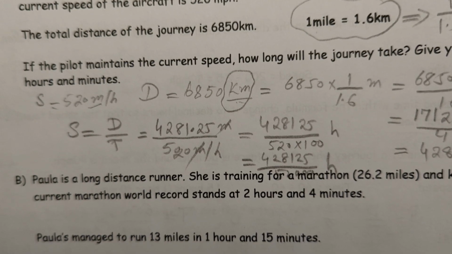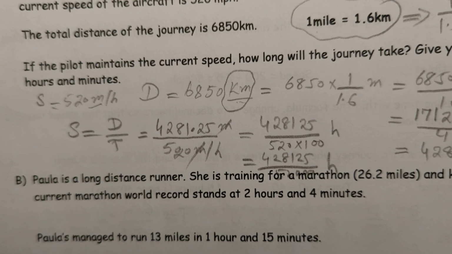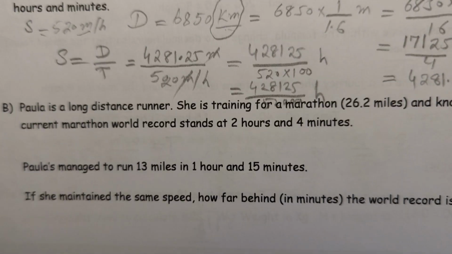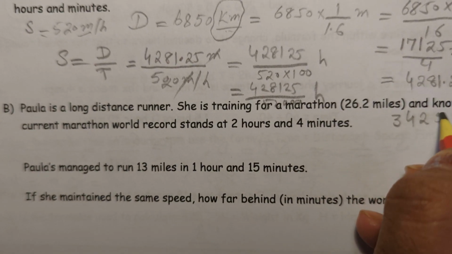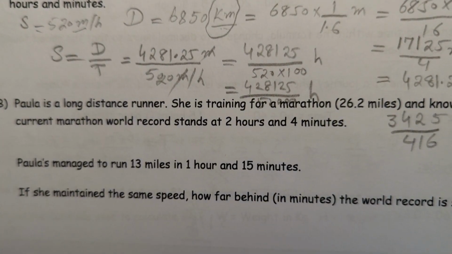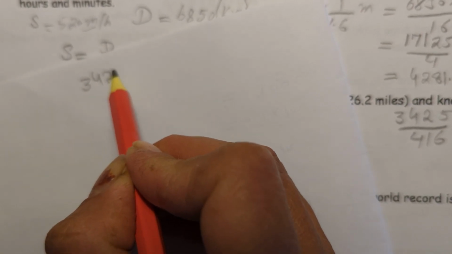428125 divided by 52000 gives, after simplification, 3425 divided by 416.